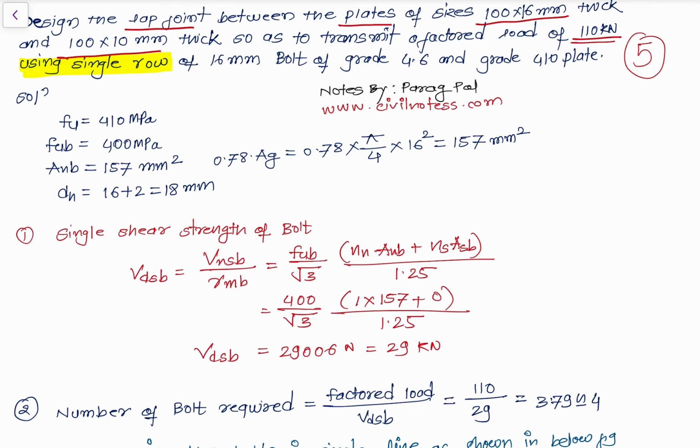If you watch my previous video, lecture number 4, you can see that we used a double row, whereas it is not mentioned to use a double row, but we used a double row. That's why we made some necessary actions while designing. Now you can see that using a single row of 16 mm bolt, we have a diameter of bolt of grade 4.6 and grade 410 of plate. So we have a grade of plate and grade of bolt over here.